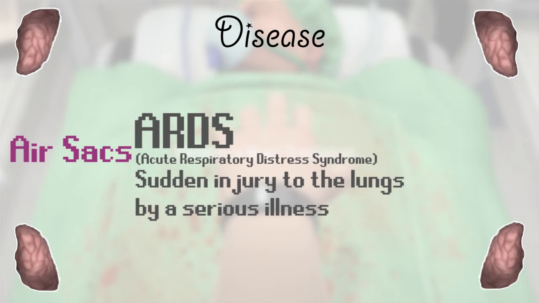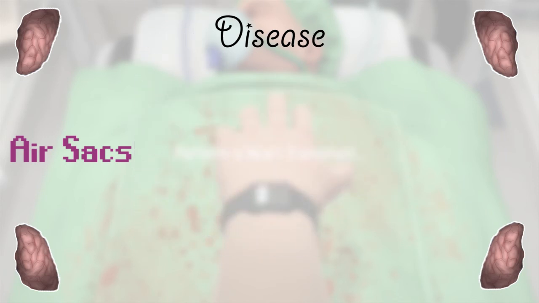Life support with mechanical ventilation is usually needed to survive until the lungs can recover on their own, if they manage to. And finally, pneumoconiosis, such a beautiful word, is a category of conditions caused by the inhalation of a substance that injures the lungs. Examples include black lung disease from inhaling coal dust and asbestosis from inhaling asbestos dust.